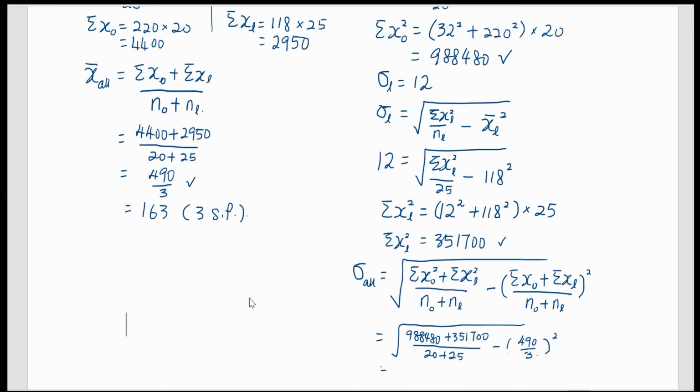Then, as the question is looking for the variance instead of the standard deviation, we can actually look for the square, and hence we do not need the square root. So I'm going to erase the square root.